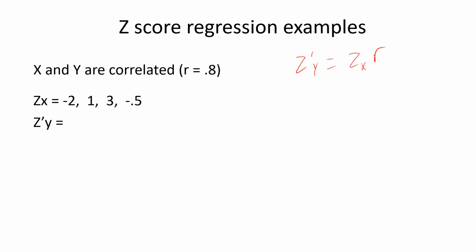So all we have to do is do -2 times 0.8. -2 times 0.8 is -1.6. 0.8 times 1 is 0.8. 0.8 times 3 is 2.4, and 0.8 times -0.5 is -0.4.